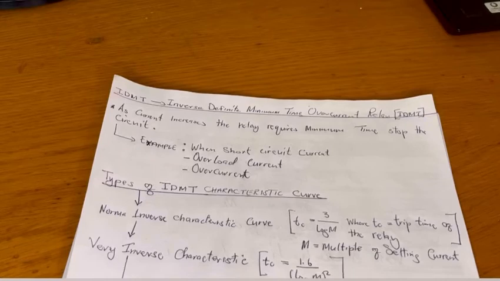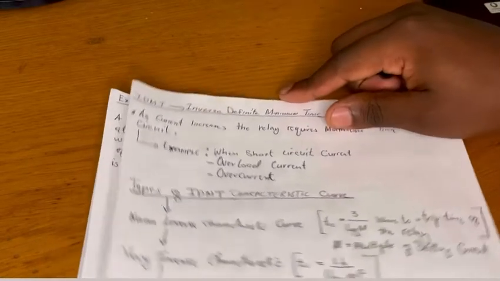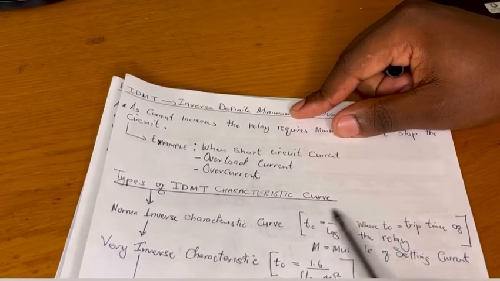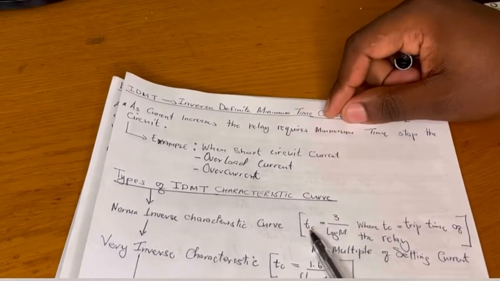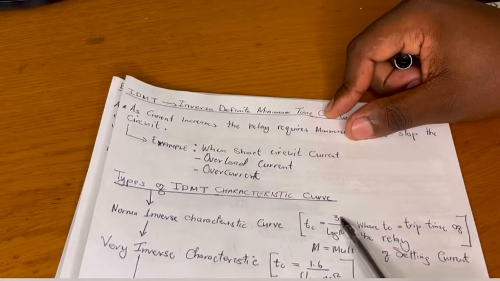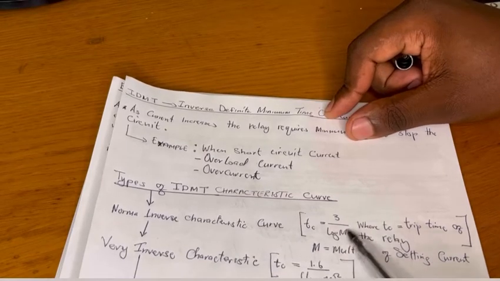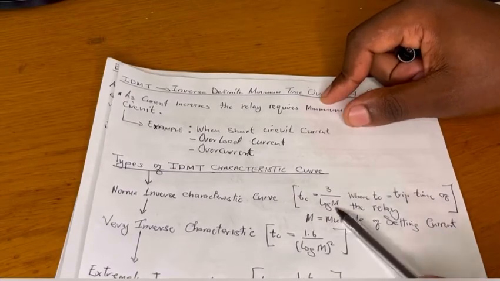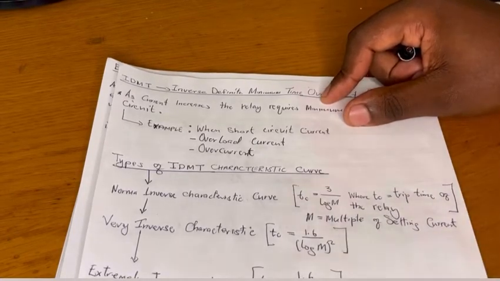The IDMT relays consist of characteristic curves, which are the normal inverse characteristic curve. It contains its own tripping time formula. Its tripping time formula is TC equals 3 over log M. TC stands for tripping time, and M stands for multiples of setting current.